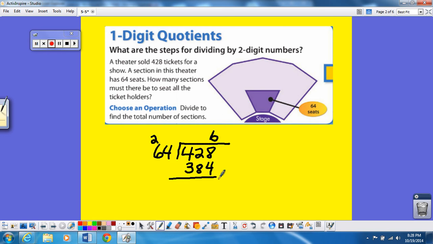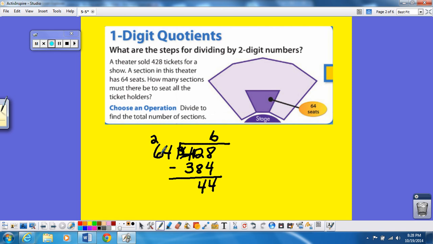Okay? Go ahead and subtract. 8 minus 4 is 4. Can't take 8 from 2, so let's borrow one over here. That becomes a 3, which makes this now a 12. 12 minus 8 is 4. Now, here's where you stop and you look at your remainder. If your remainder is less than your divisor, then you know that you're okay.